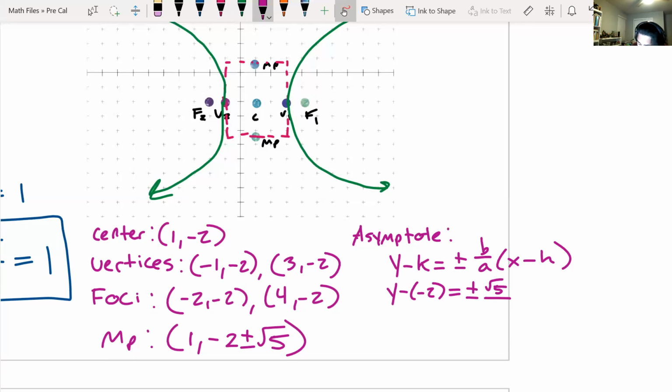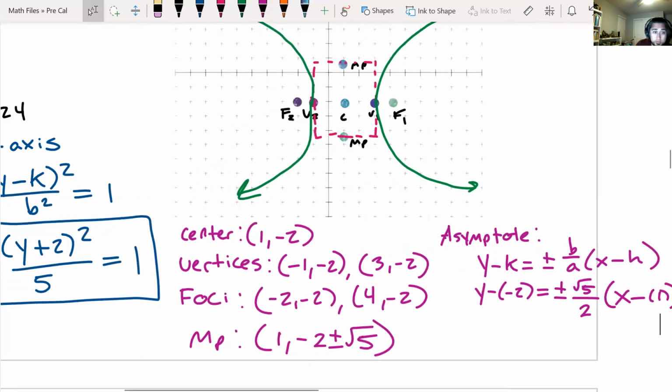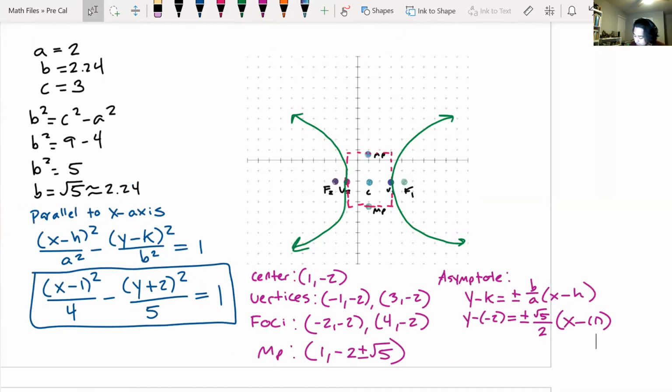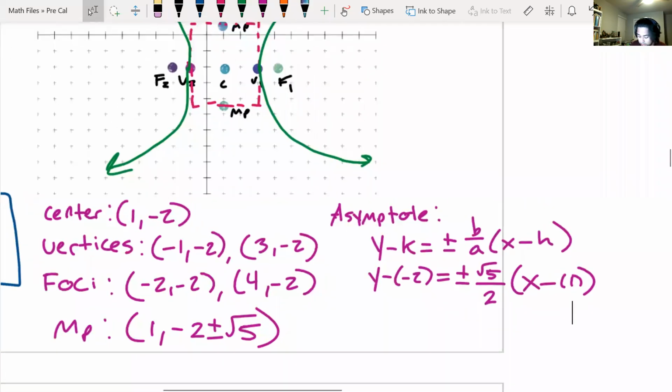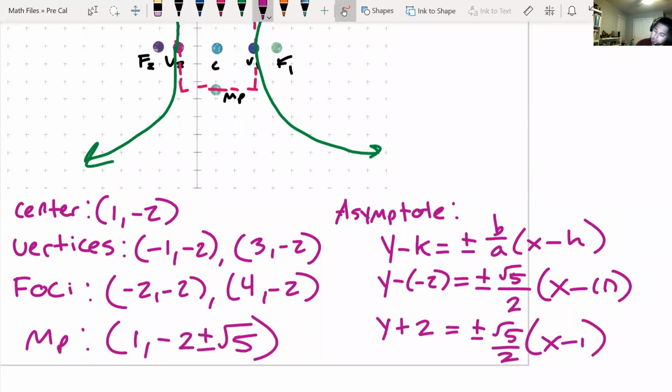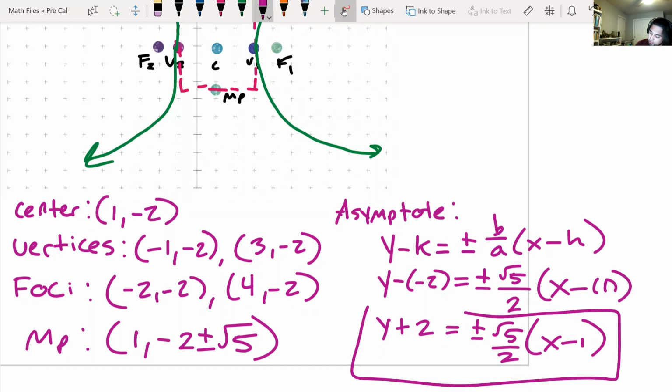No, 2. A was 2. Times x minus h. Let me just make sure I have those right. That's b over a. Yeah, b was the square root of 5. Okay, and then we'll get y plus 2 equal to plus or minus square root of 5 over 2 times x plus 1. And I believe it doesn't make you solve for it anymore.